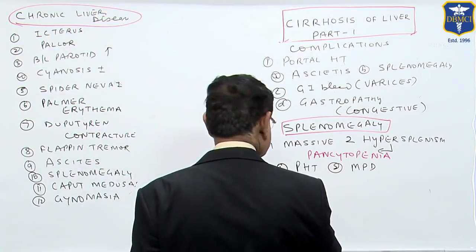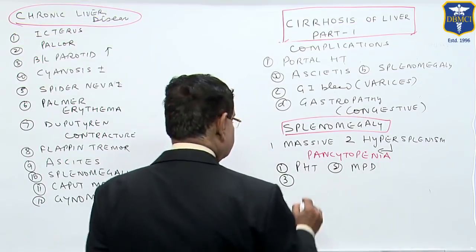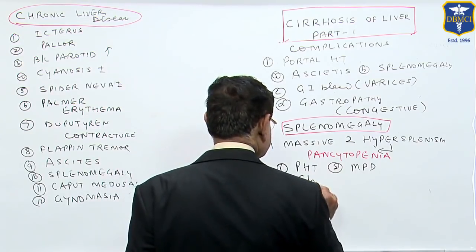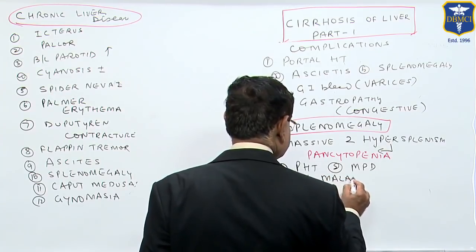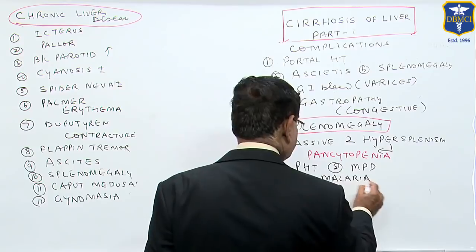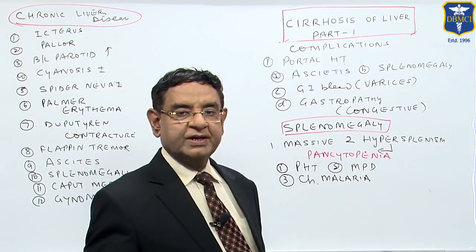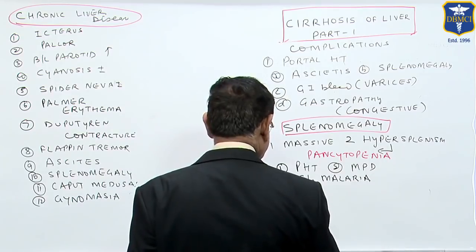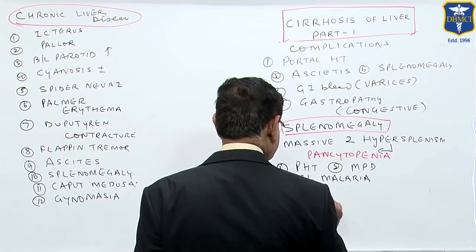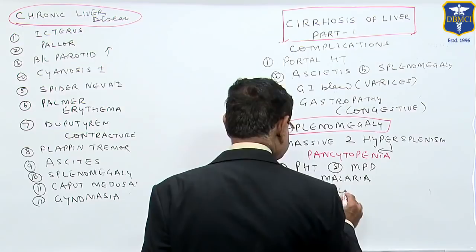Then chronic malaria is a very important cause in those parts of the world where malaria is endemic. Similarly, we have another condition called chronic Kala Azar.